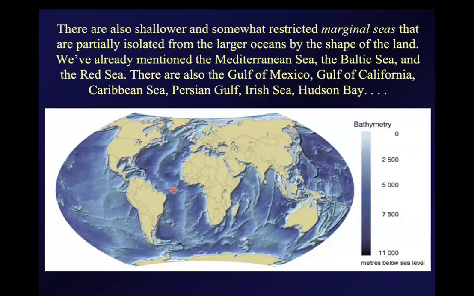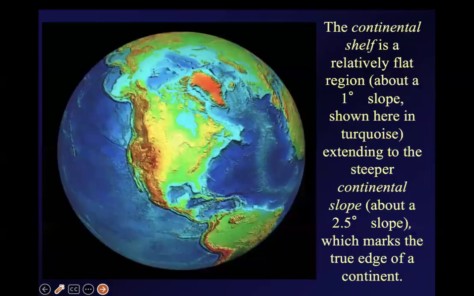And there's actually a whole series of mid-oceanic ridges. There's one right here, the Nazca Ridge, the 90-degree ridge right there in the middle of the Indian Ocean. And these are actually all connected, and they run all the way around the Earth, kind of like the seam on a baseball.